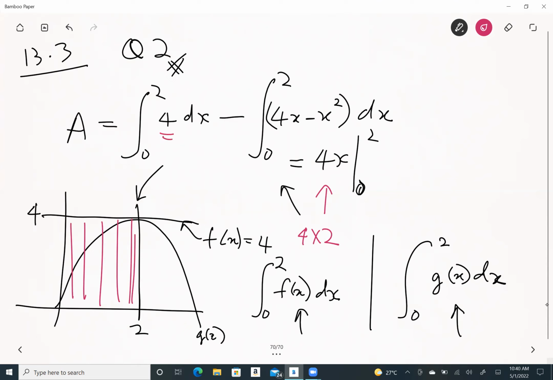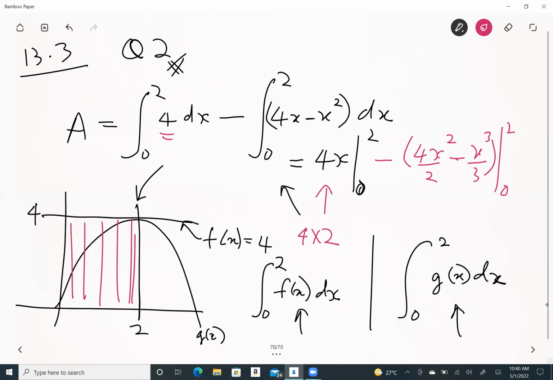Why? Because if you integrate, you get 4x. Then we integrate the second function. What do I get? I get 4x squared over 2 minus x cubed over 3 from 0 to 2.